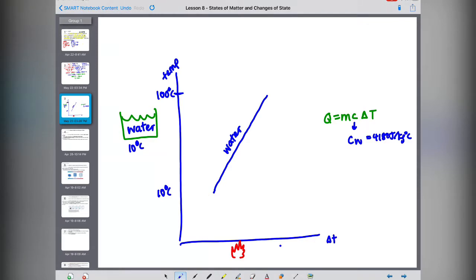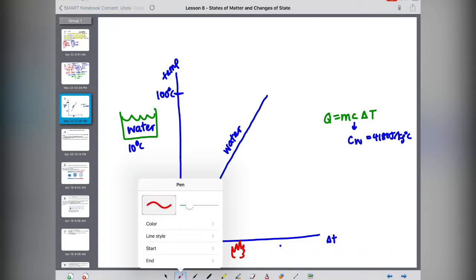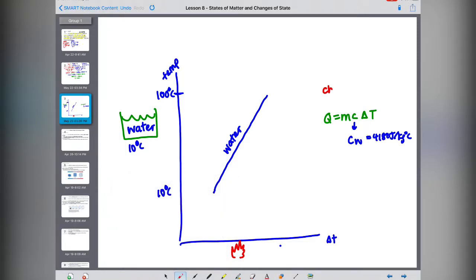What is happening at 100 degrees Celsius is that we now have this change of state. All of a sudden we go from liquid to gas. We call it evaporation, right?